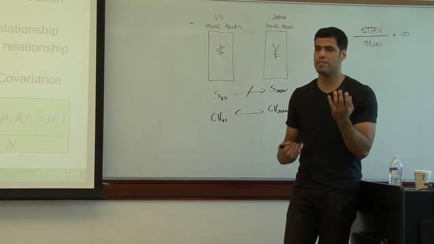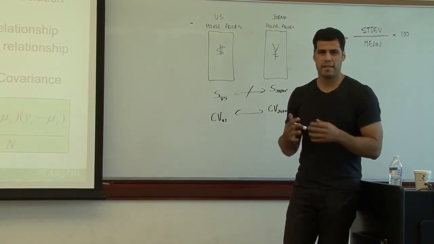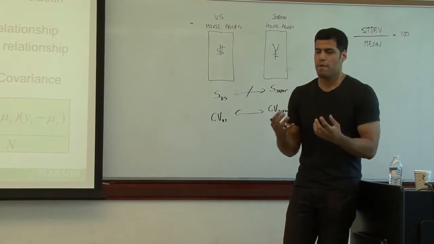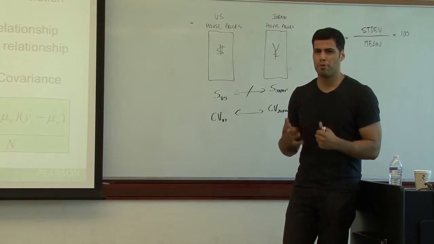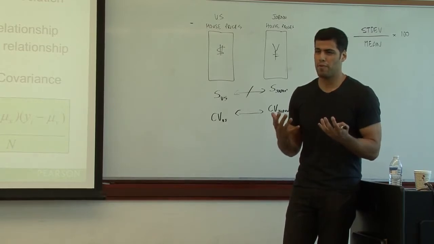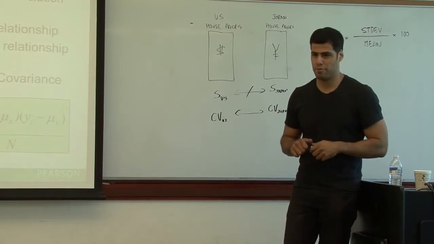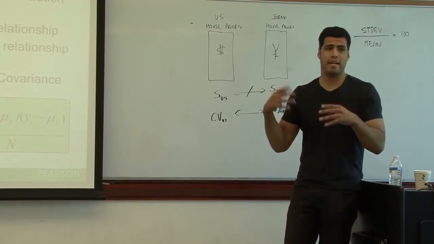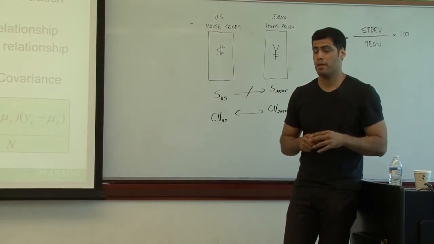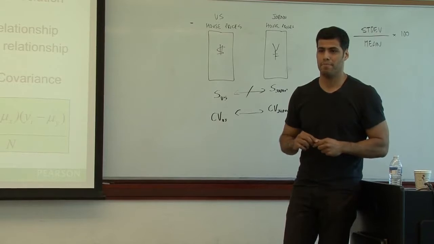If it is going down instead, they're negatively related. So basically, if 2 variables move in the same direction, we say that those variables have a positive relationship. If 2 variables move in opposite directions, we say that those variables have a negative relationship. If 2 variables don't have any relationship, then we say that they have no relationship, right? So the covariance will be 0.